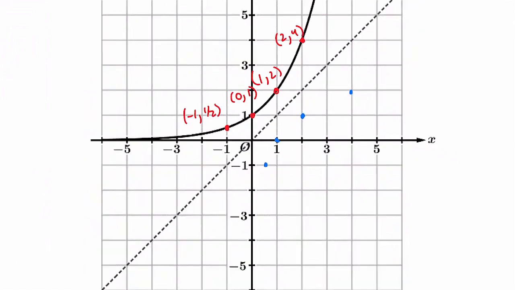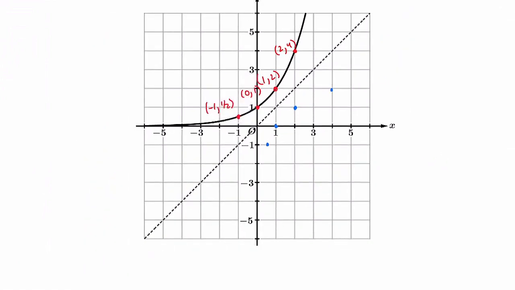As long as I connect my lines like so, I have now drawn the inverse. And you can clearly see that yes, this does reflect across the y equals x line. I also want to mention that recall that exponential functions, like this original function, have a horizontal asymptote at 0, which means I would have a vertical asymptote at 0 now for any given log.